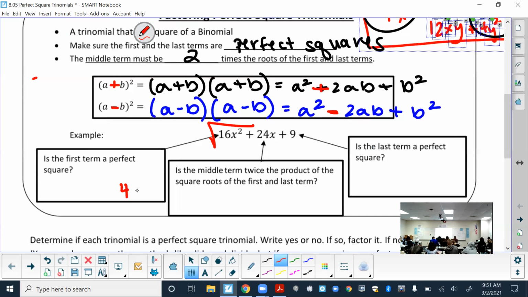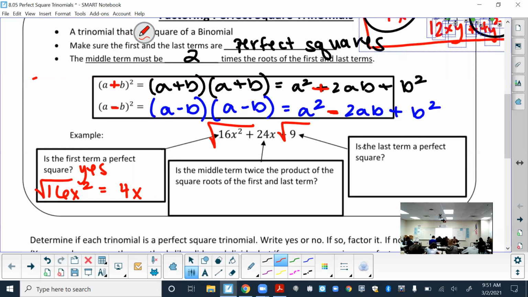What else? So that's the square root of 16. What's the square root of x squared? So we would say yes, the first term is a perfect square because the square root of 16x squared is 4x. All right, we'll do the middle term last.